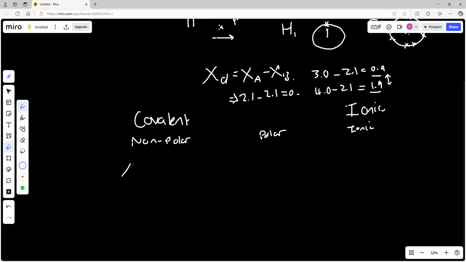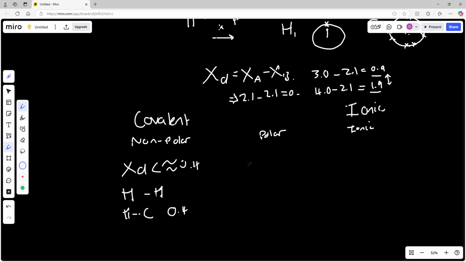So if the electronegativity difference is less than approximately 0.4, it means that the molecule is non-polar. So this means that hydrogen is non-polar because it's obviously an electronegativity difference of 0. This means that the hydrogen to carbon bonds are non-polar, it's 0.4. So all these bonds, they're non-polar.